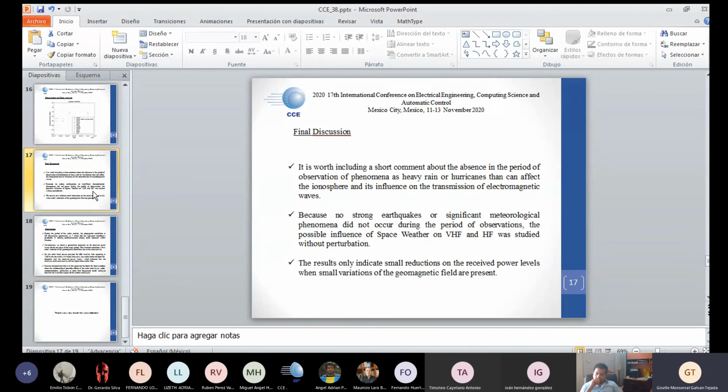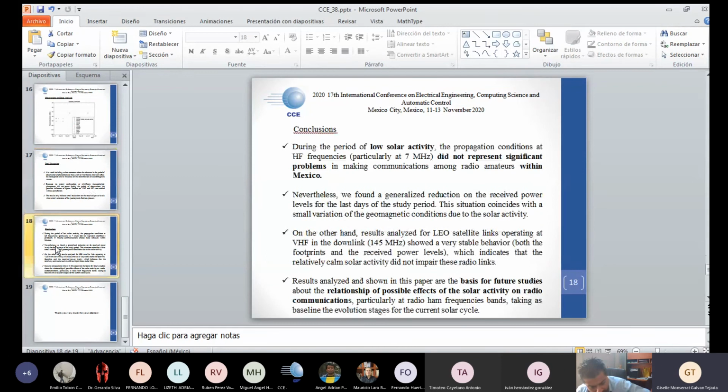We are sure about. The results only indicate a small reduction on the received power levels when a small variation of the geomagnetic field is present. And as a conclusion, during this period of low solar activity, the propagation condition at HF frequency, particularly at 7 megahertz, didn't represent significant problems in communication among radio amateurs within Mexico.